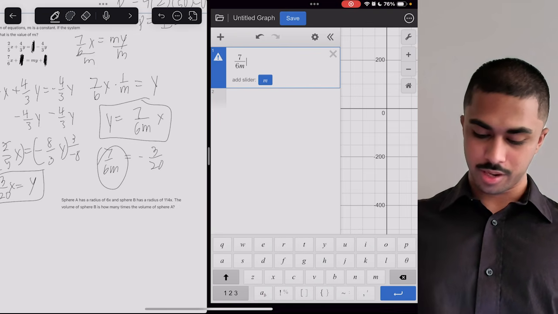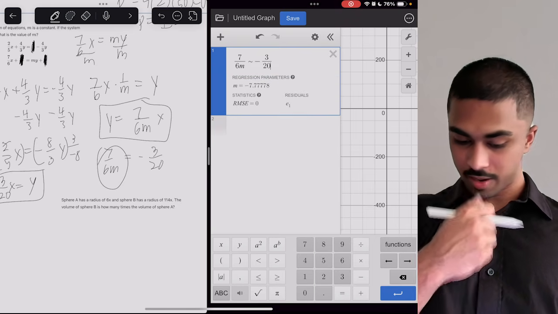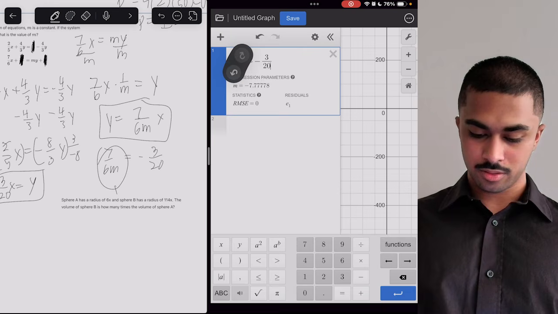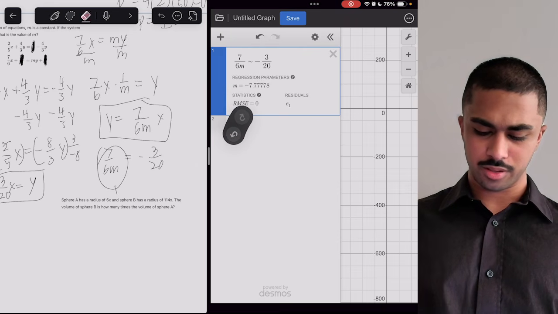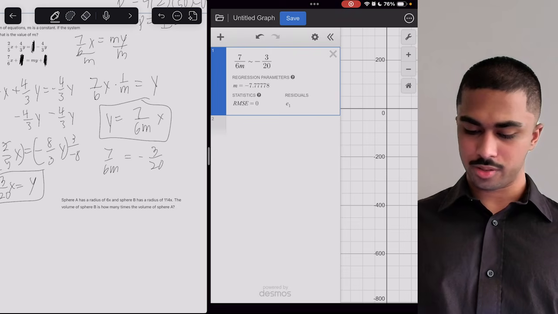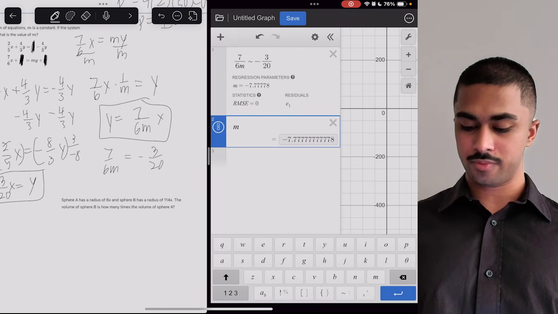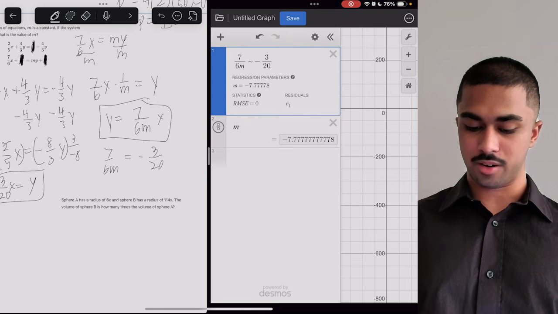I'm just going to put it into Desmos. And then here, this is the cool part. I don't know if I've showed you this in this video, but what we can do is on a new line, just type in m because it's already saved, like the number, right? It's saved right here.